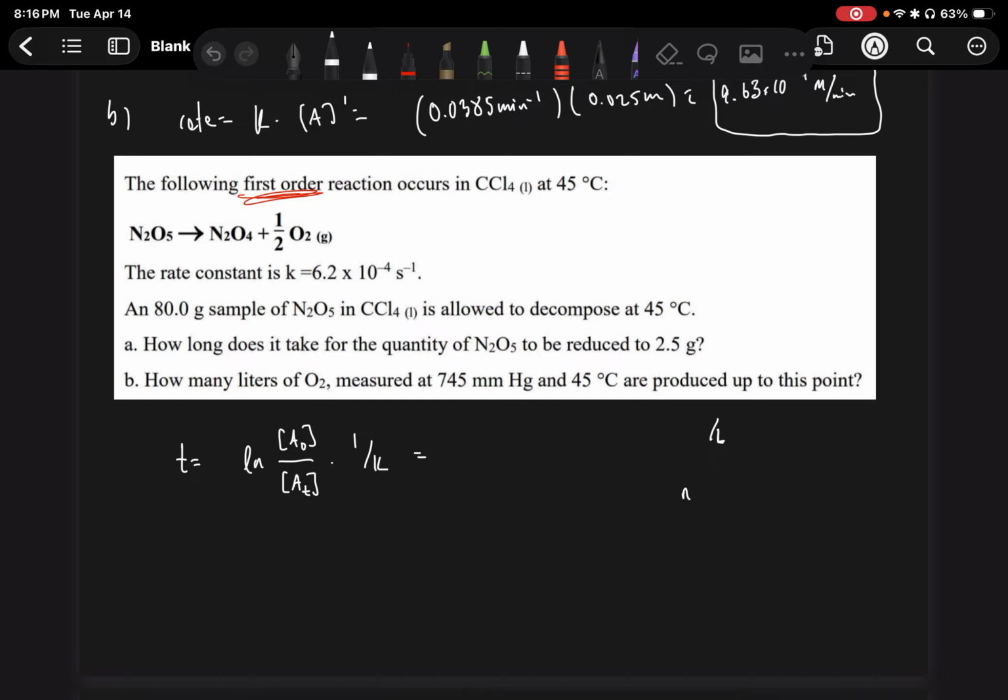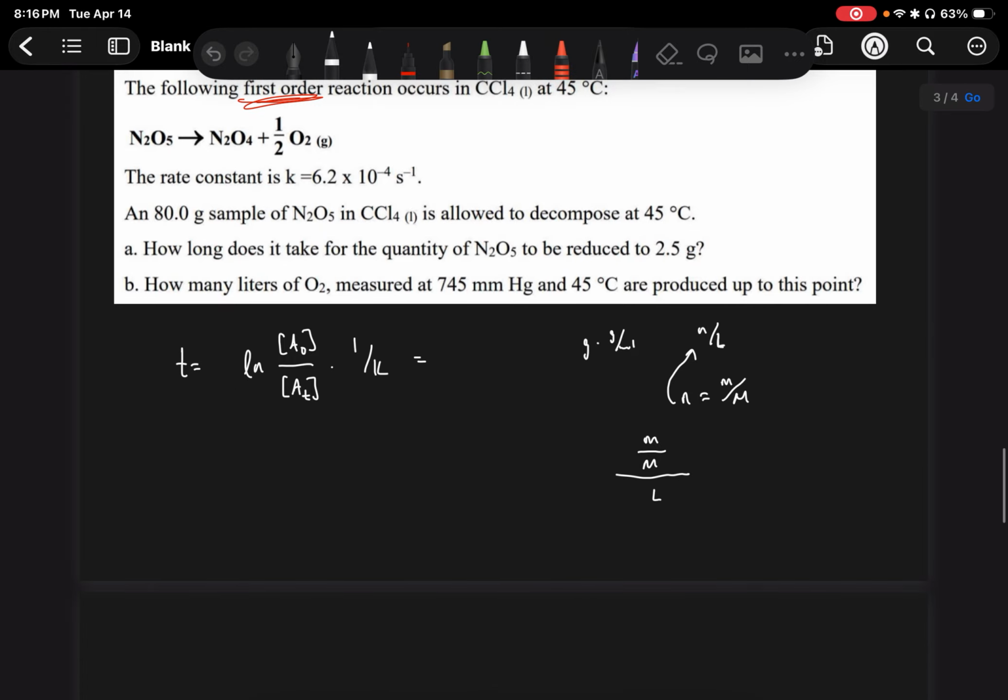Moles is equal to mass divided by grams per mole, divided by molar mass, right? So now we got mass. If we put this into here, mass over molar mass over liters, right?